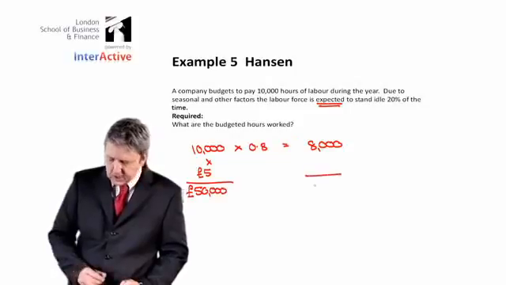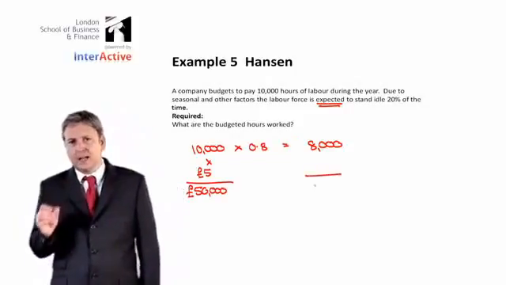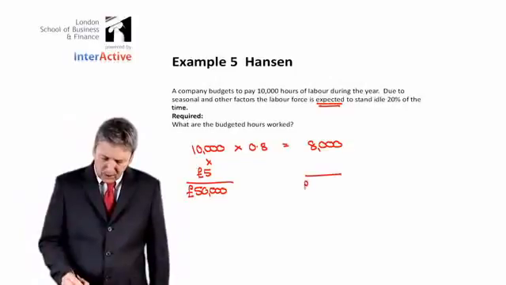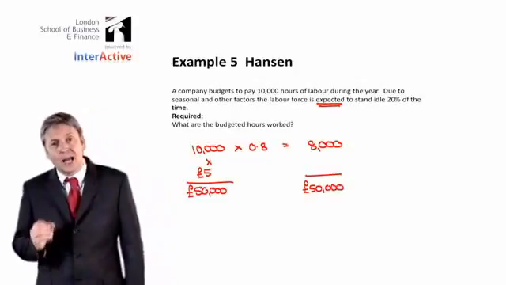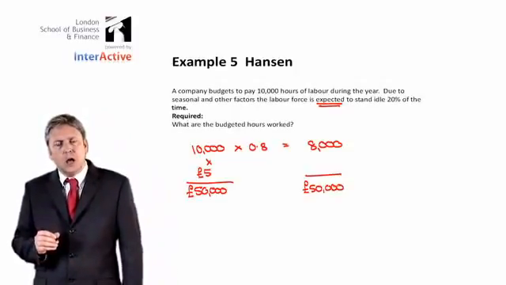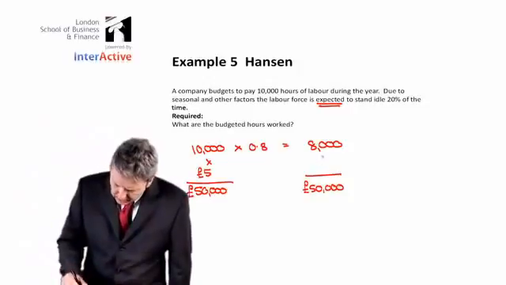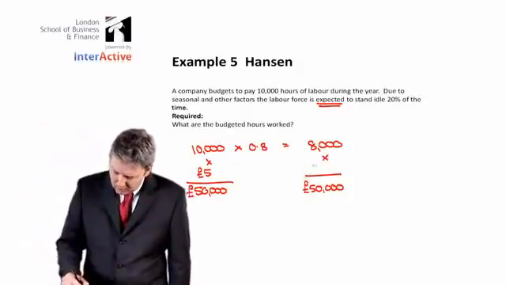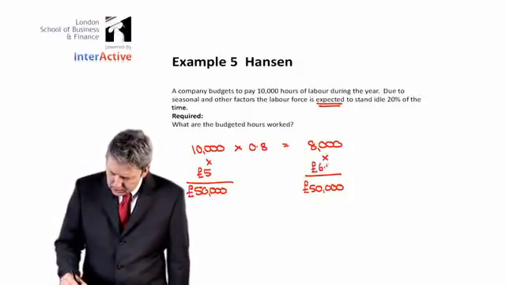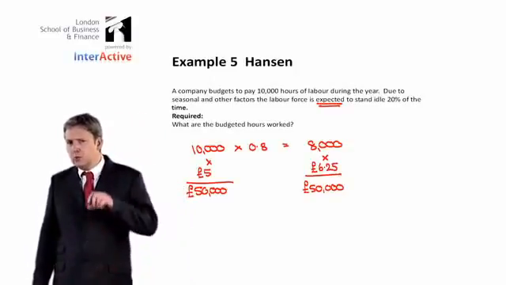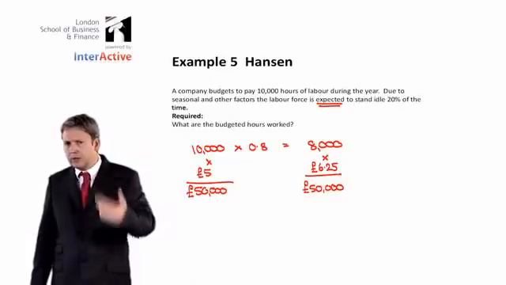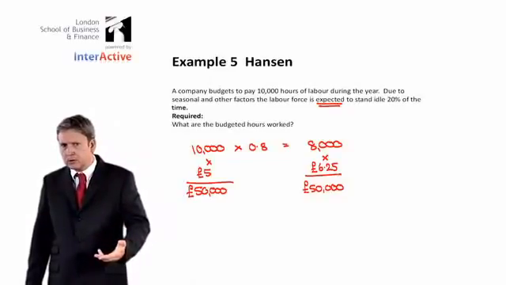And if we only expect to work 8,000 hours, we've got to attach that total cost to the 8,000 hours worked. So when it comes to looking at the standard rate per hour, what we need to do is to charge £6.25 in order to recoup 50,000 over the reduced number of hours.